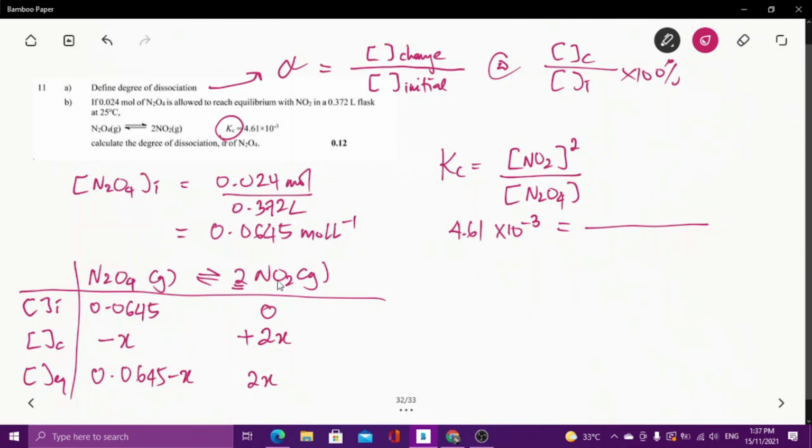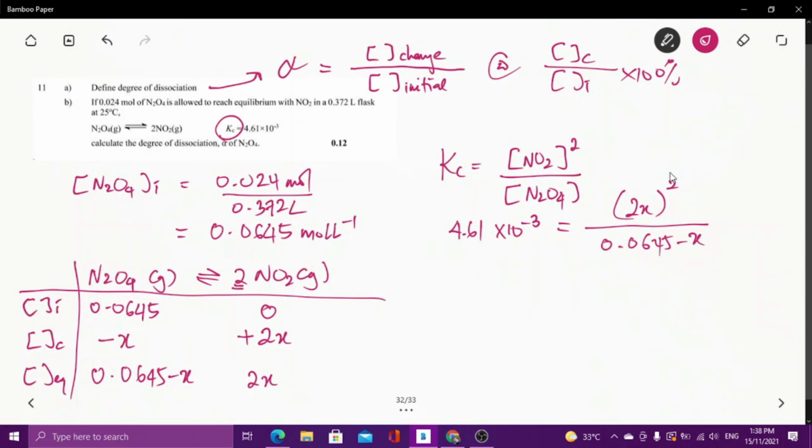Okay, so untuk NO2 kita ada 2x. So 2x as the concentration akan dikalikan dengan 2, akan power dengan 2. And N2O4 pula kita ada 0.0645 minus x. So you see how it is going right now.